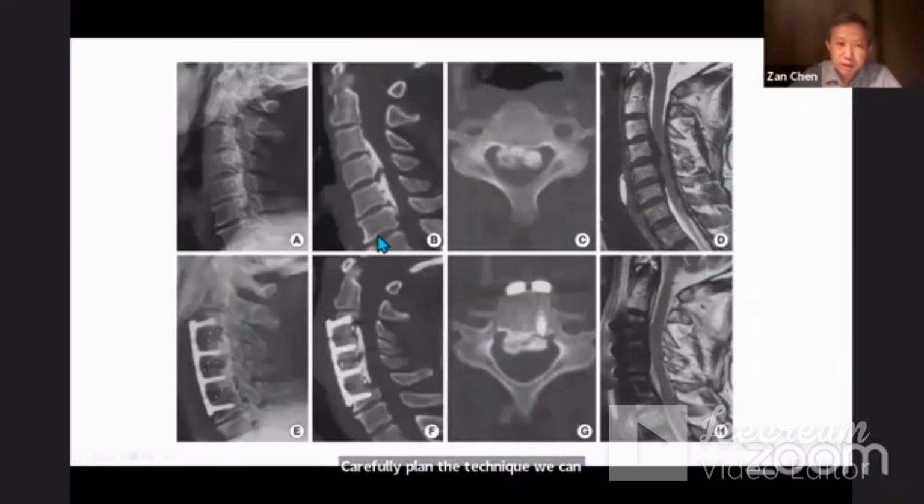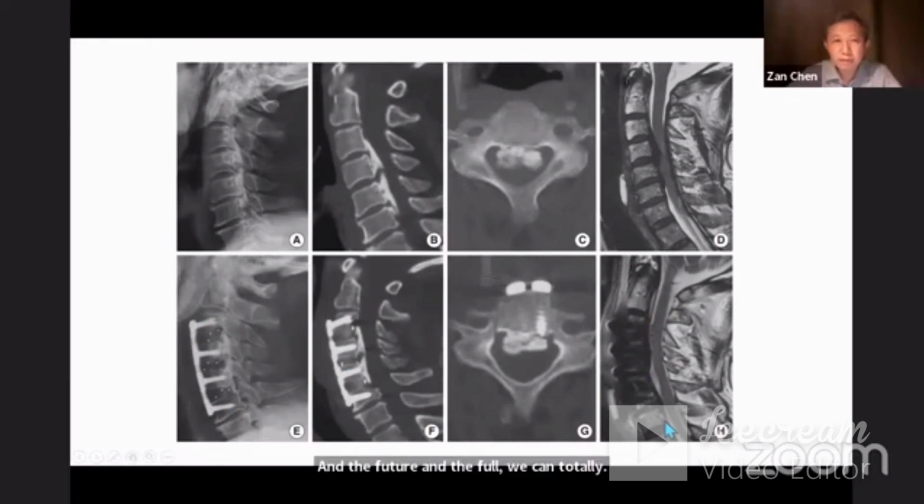For this patient, if we performed ordinary ACCF, we would have to pull up C3, C4, C5, and also C6, 4 levels. But with better planning of the technique, we only pull up 2 levels and fuse the 4 levels, and we can totally decompress the spinal cord.